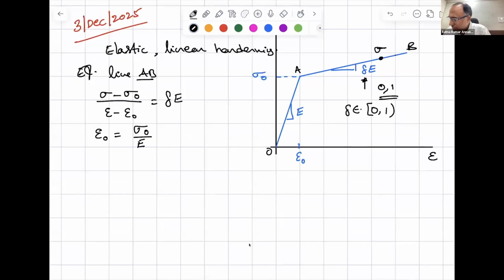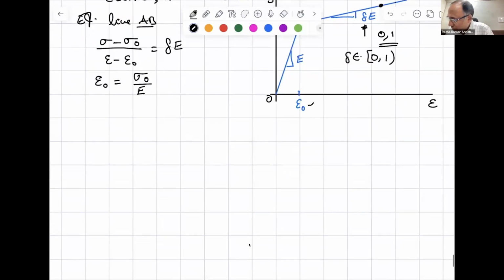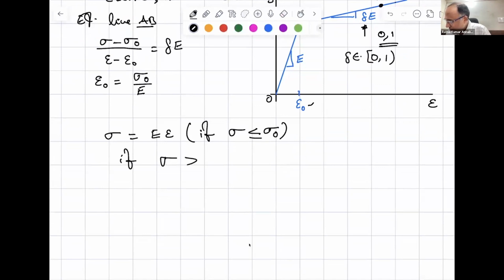Can I do that? Because this is my epsilon naught. Now, if you have to write the generic expression for the constitutive relation, I can write sigma is equal to E times epsilon if sigma is less than or equal to sigma naught. And now I have to write sigma if sigma is greater than or equal to sigma naught.